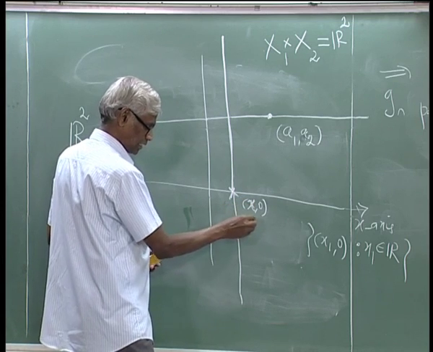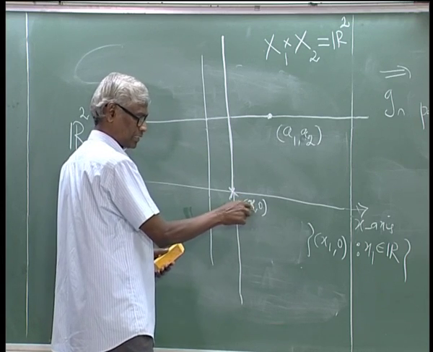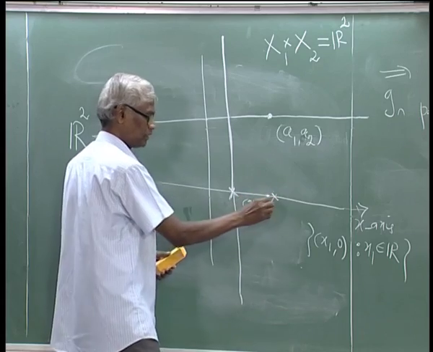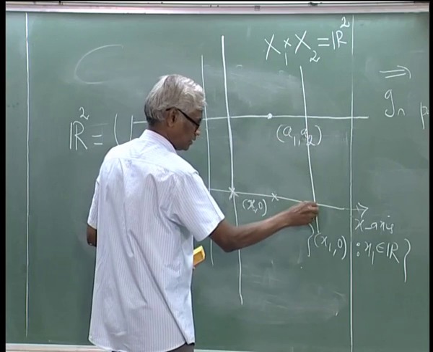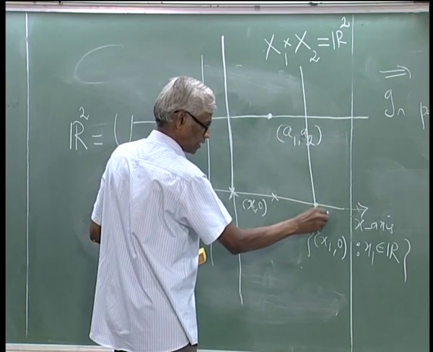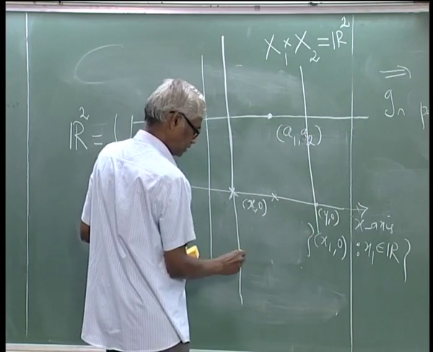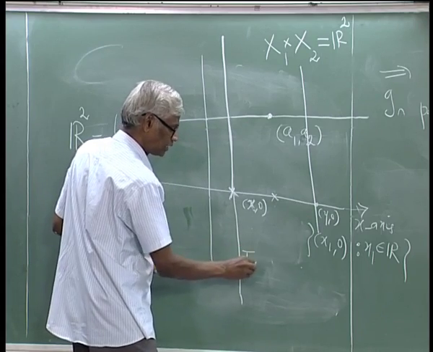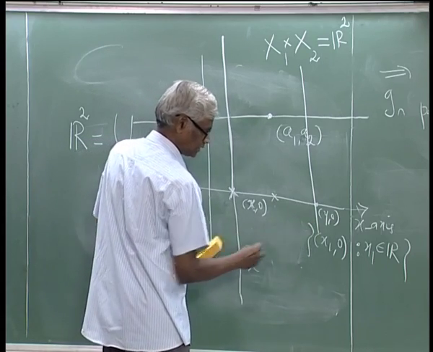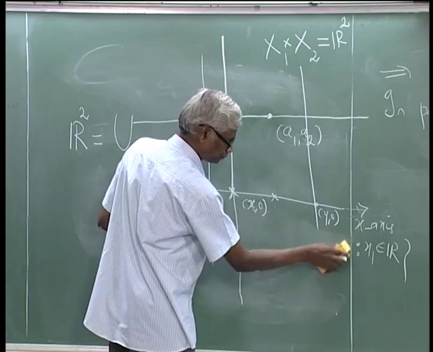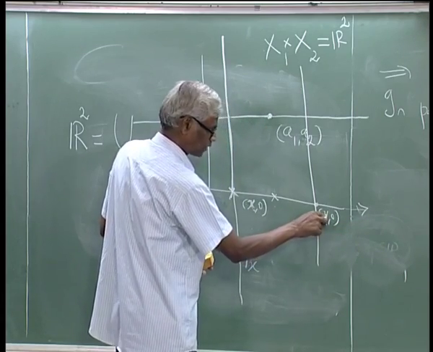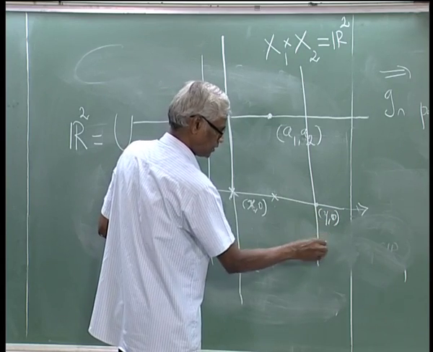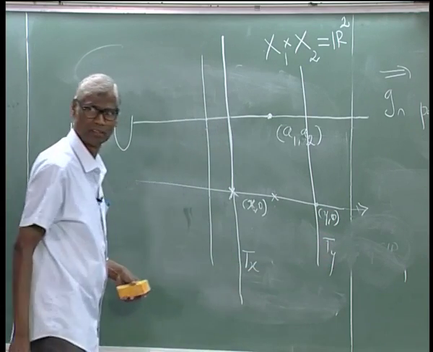Let us call this T suffix x; this depends upon the x. If x is some other point, then you will get another line. If we call this point the ordered pair (y, 0), then we get T suffix y.